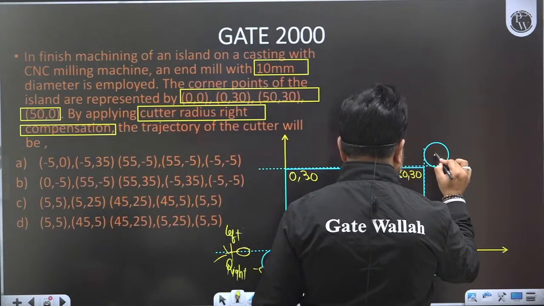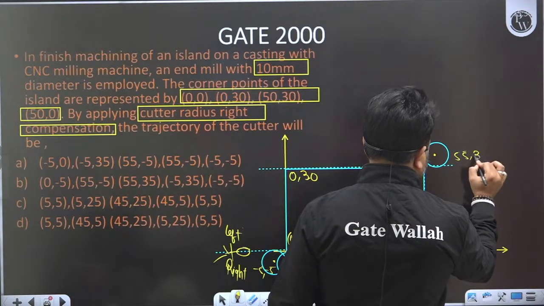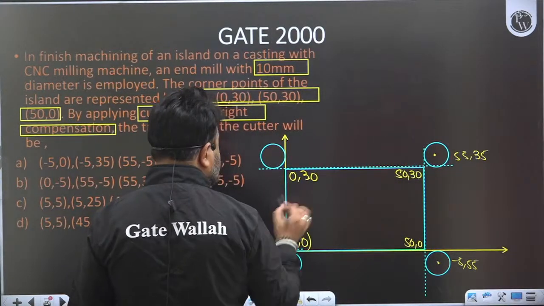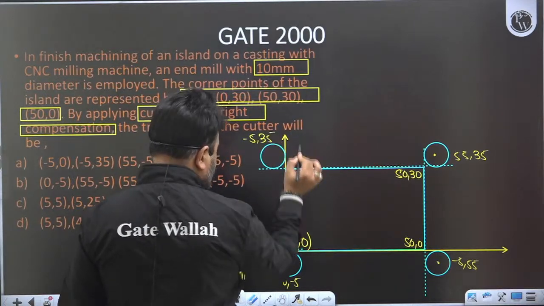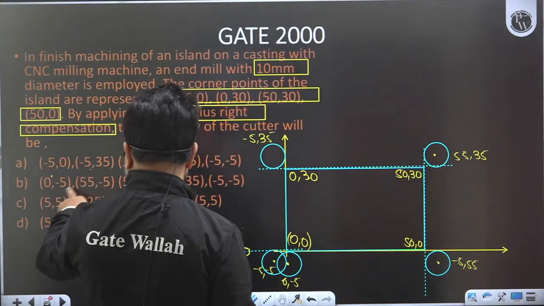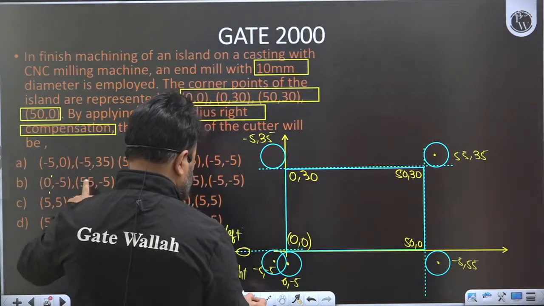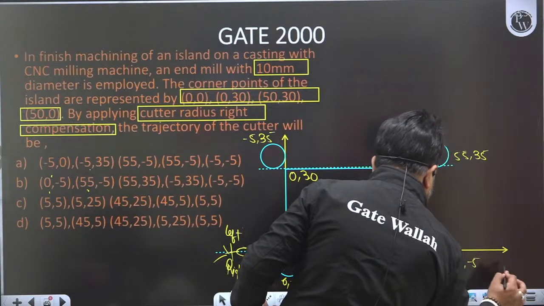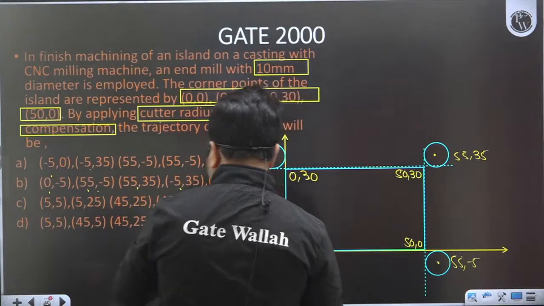This is 55, 35. Then tool moves here. This is minus 5 comma 35. So 55 comma minus 5, 55 comma 35, minus 5 comma 35, minus 5 comma 5. Option B is the answer.